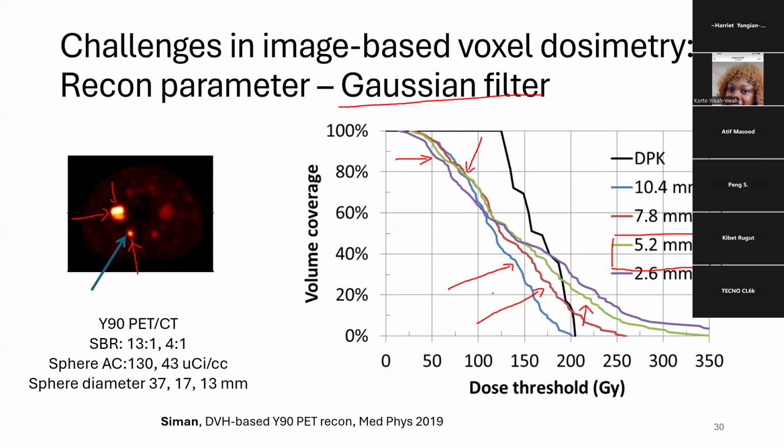So the point here is that when you reconstruct for dosimetry, your objective function has to be dosimetry. You shouldn't worry about how the image looks, because reconstruction is not perfect. If you want to reconstruct for visualization, then you optimize it for visualization.